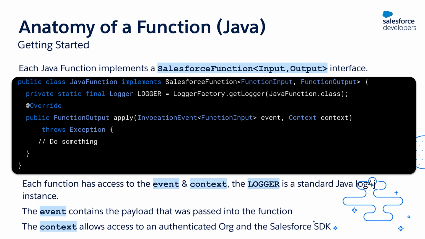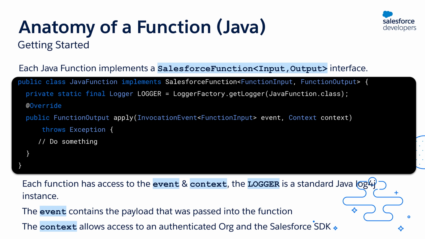The first parameter is going to specify the type of the input, and the second parameter is going to specify the type of the output. These are going to be plain old Java objects that you can specify with the fields and methods that you need specifically for your function. And the Salesforce function runtime is going to take care of the serialization of these two types.